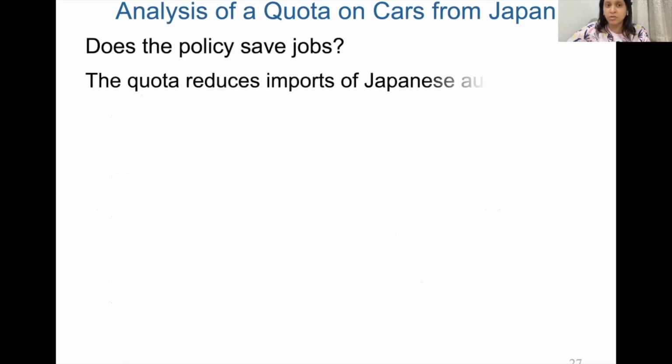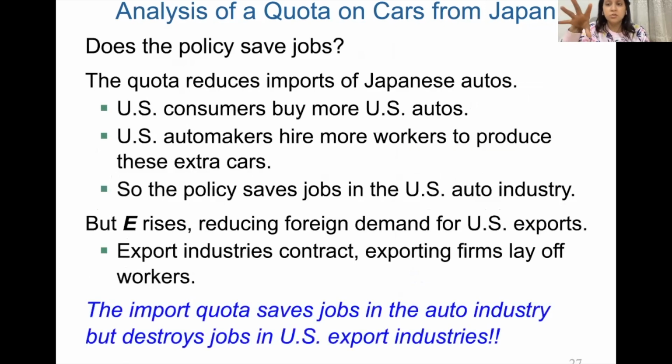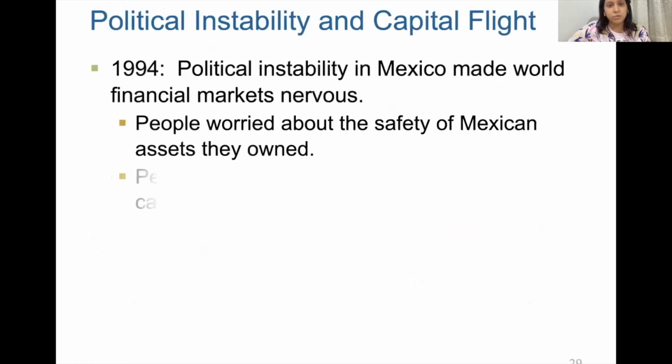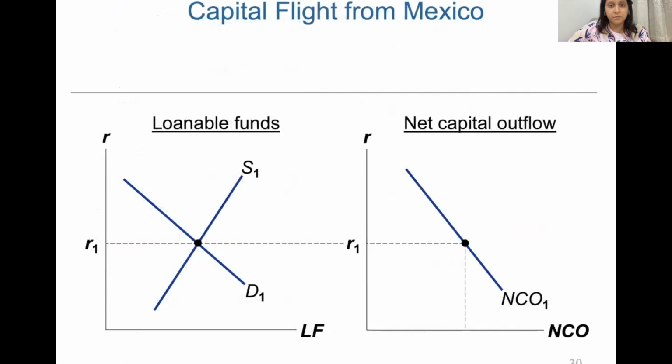Only if the exchange rate was not adjusting would you reduce your imports. However, here the change in the exchange rate is going to bring everything back to the same equilibrium. This is a case study which you can have a look at later, right?